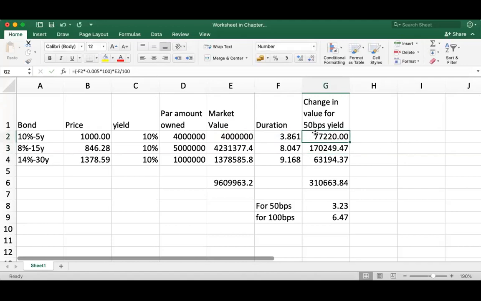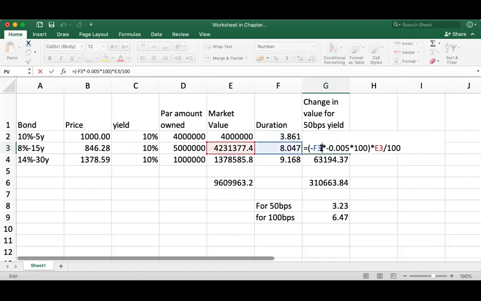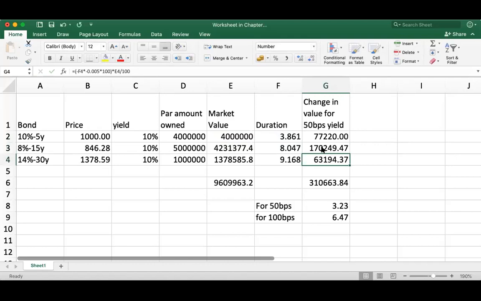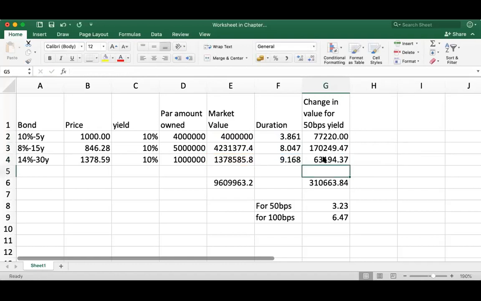I am not measuring the new price, I am just measuring the change because of this. Sorry, not increase, decrease in the yield, right? So for each of the bonds, I measured the change in price for a 50 basis point decrease, and then I added these changes up.